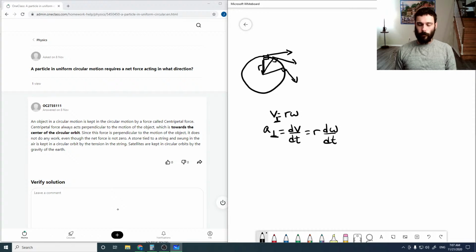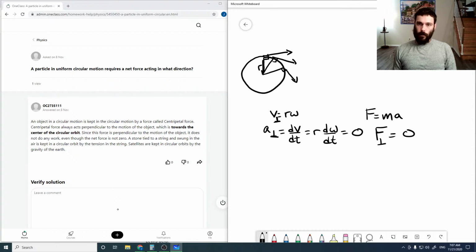And if we're in uniform circular motion, then our omega is constant, so this will be 0. That means that if our perpendicular acceleration is 0, our perpendicular force is 0, as F equals ma.